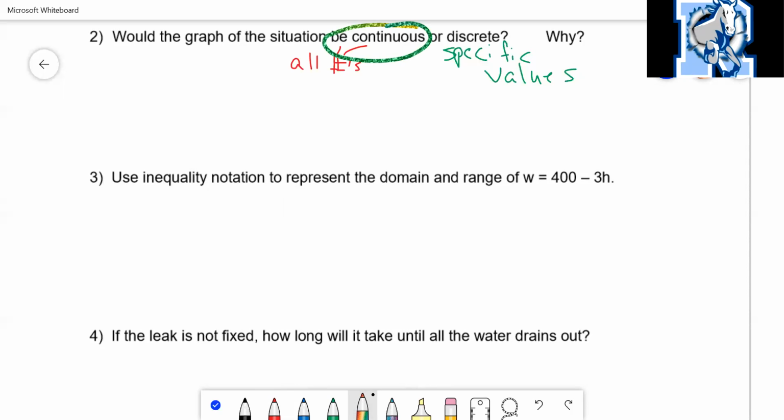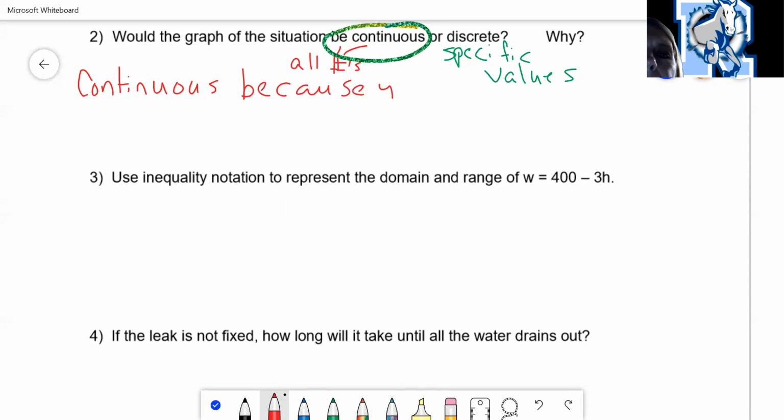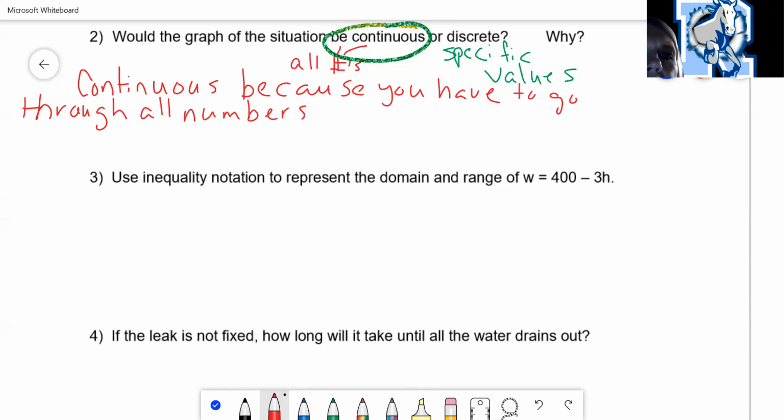Okay, so what we're going to write is that it is continuous, because you have to go through all numbers zero to 400 for the water to drain out.